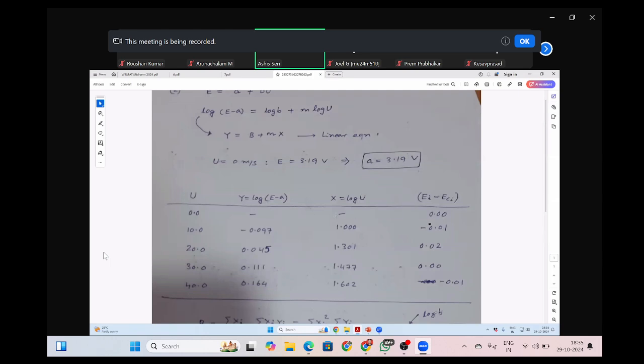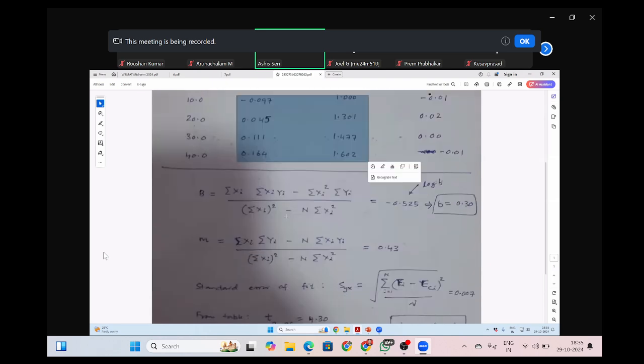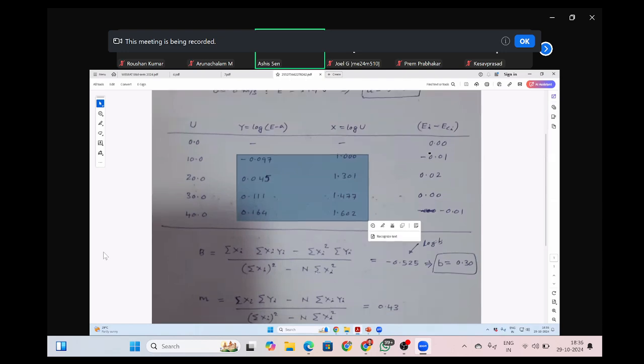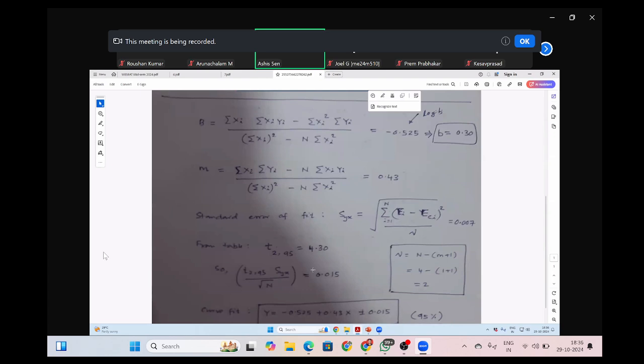So you do not have these values for u equal to 0. So in fact, you actually used only 4 data points to evaluate these parameters. So that is why your n is actually 4, not 5. Okay.